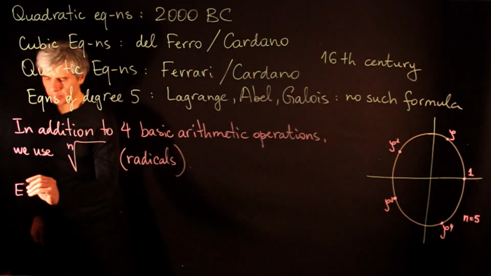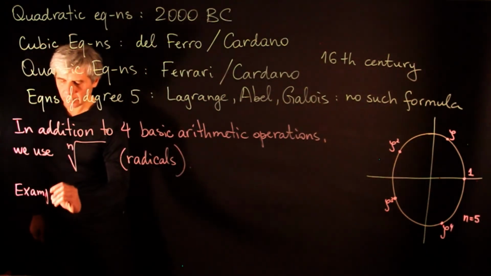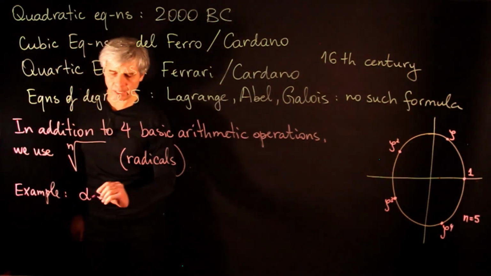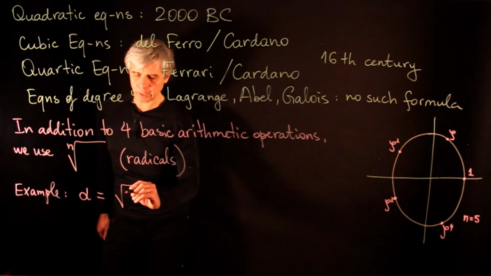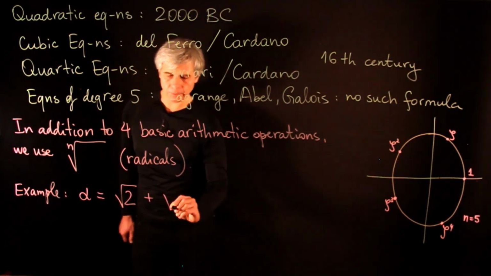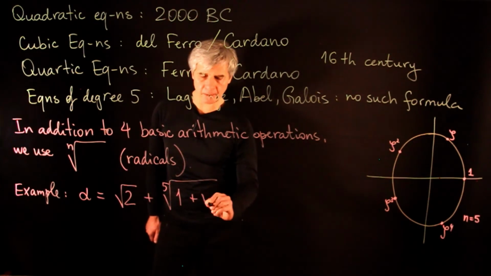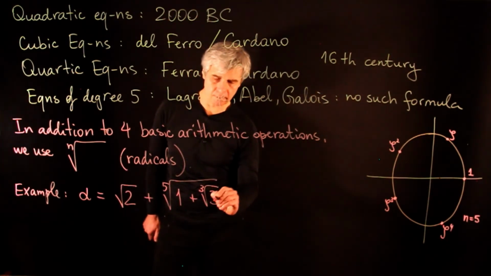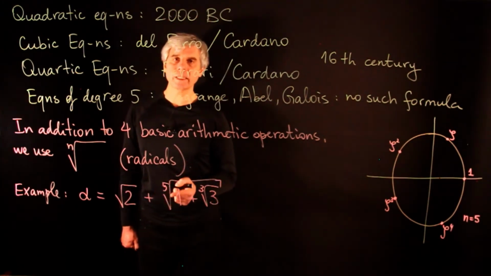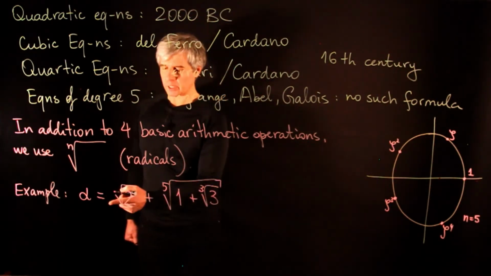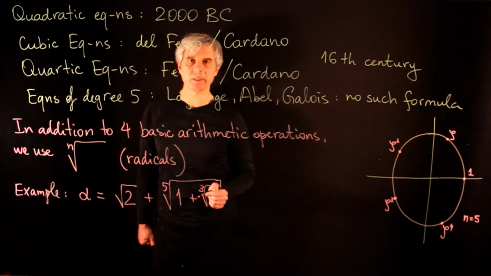Let's consider an example. So what does it mean that a number is expressible in radicals? If we take alpha to be square root of 2 plus fifth root of 1 plus cube root of 3. And now we want to consider extensions of Q by adjoining numbers that are expressible in radicals.